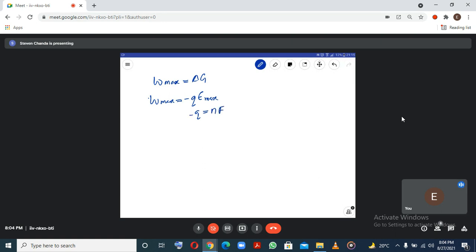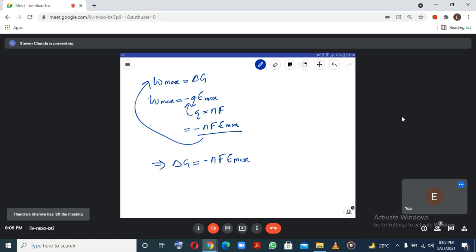So substituting the Q there, we have negative number of moles, Faraday's constant, and the E max. That makes sense, right? So now substituting this into the first equation that we started with, the free energy is equal to minus number of moles times Faraday constant times E max.